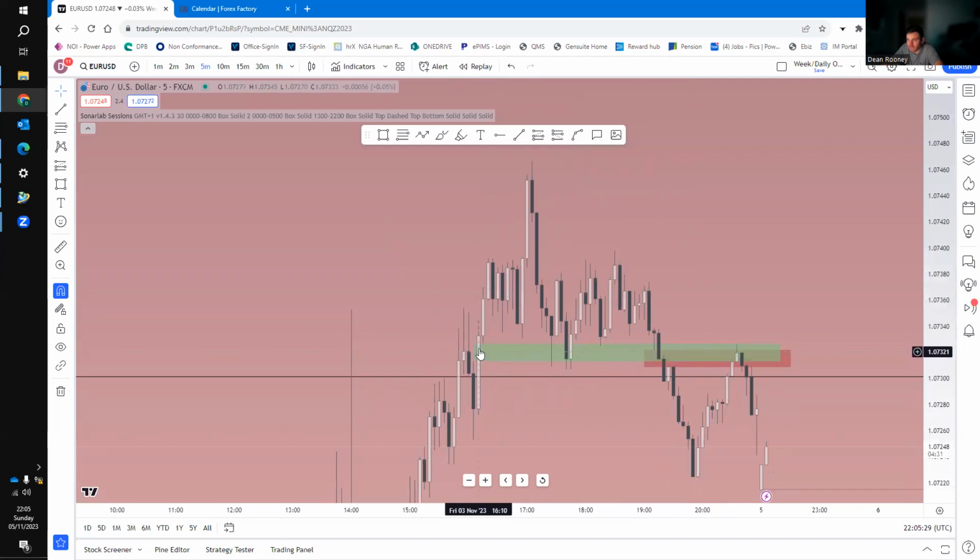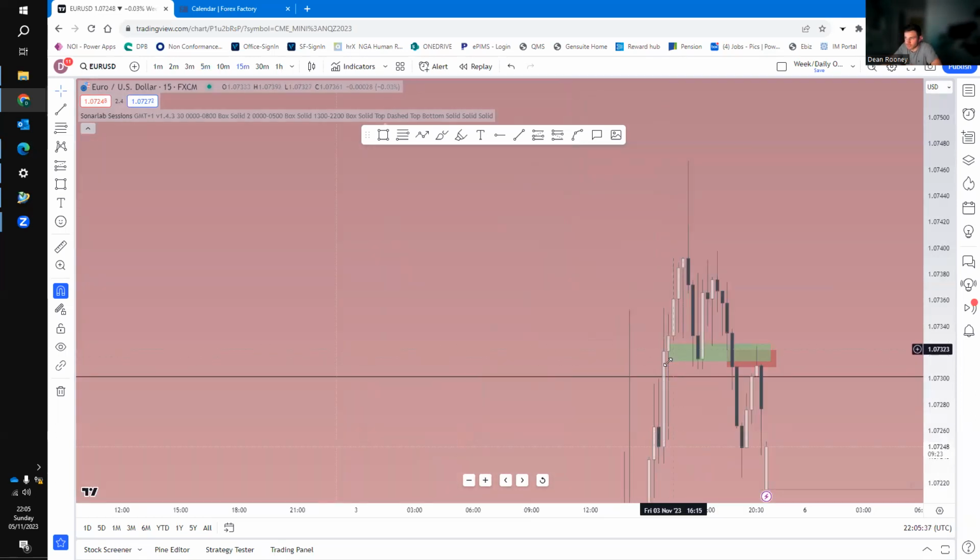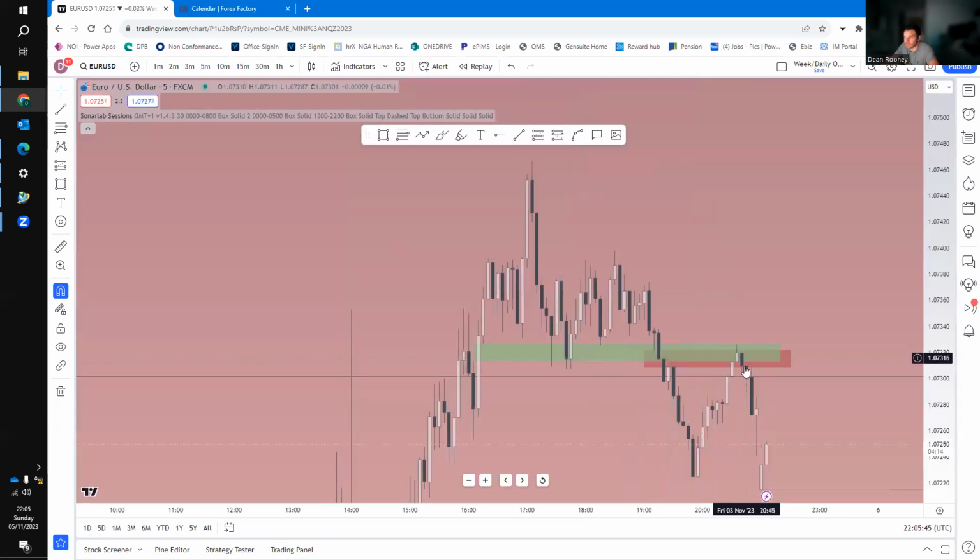It's an inverted area. So you'll see you've got this fair value gap on the 15-minute. You don't see it on the 15-minute, sorry. On the 5-minute, you do. But this becomes a level that then should get respected as well.